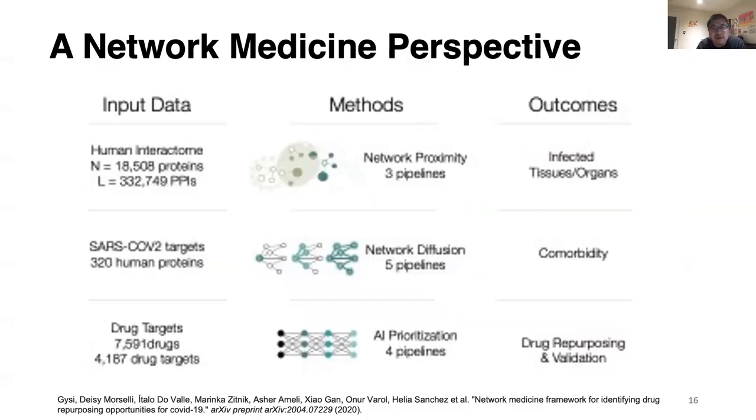They have worked out multiple different ways to implement the network medicine perspective.